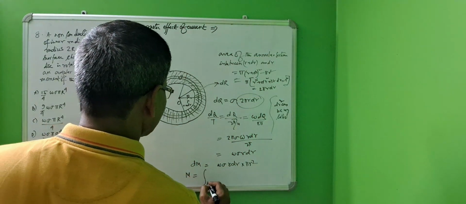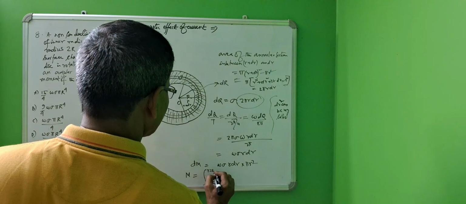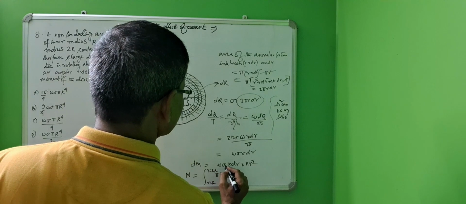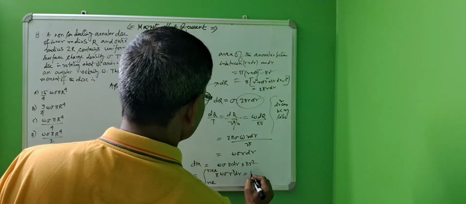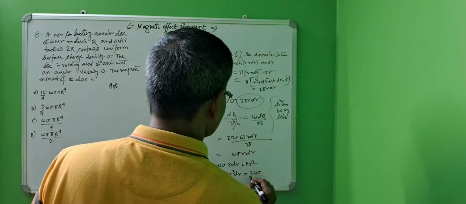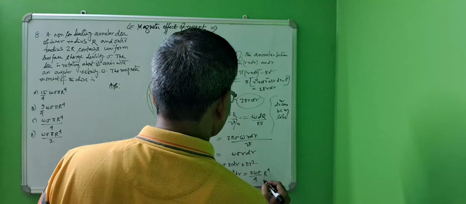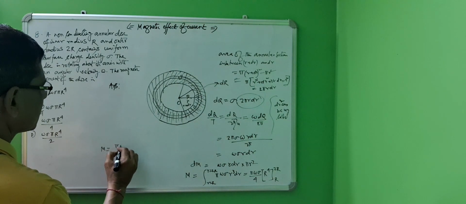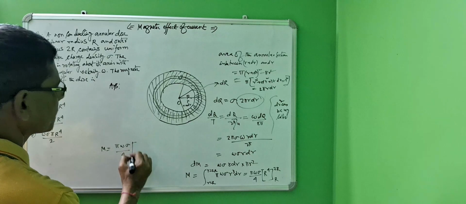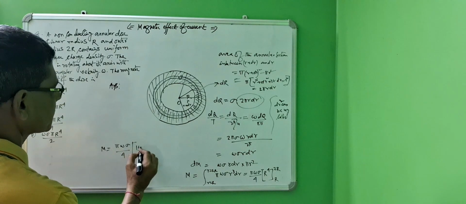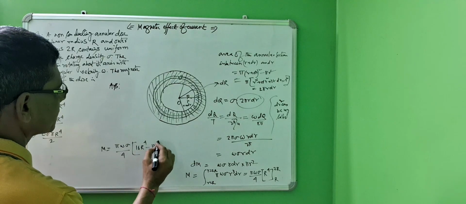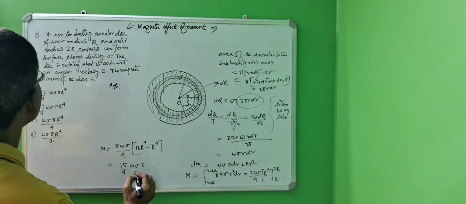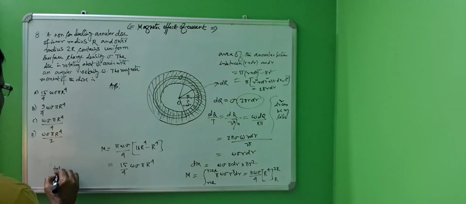So capital M equals the integral from r equals R to r equals twice R, giving pi omega sigma r cubed dr, which equals pi omega sigma by 4 times the difference of fourth powers, equals 15 by 4 omega sigma pi R to the power 4. So the answer is A.